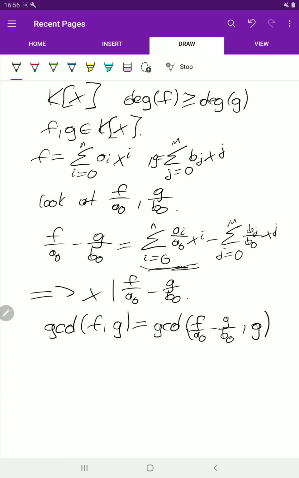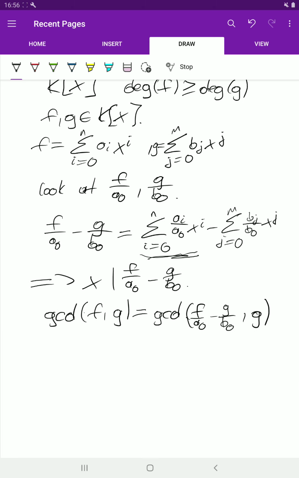And now we see what we want to do. So the algorithm, I just sketch it.